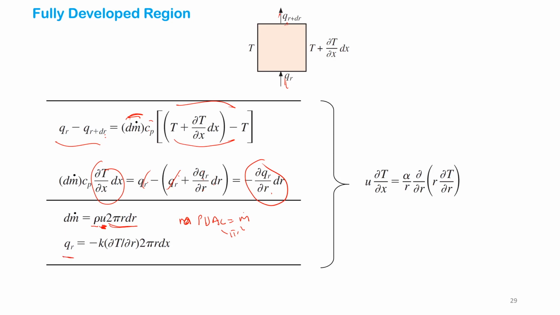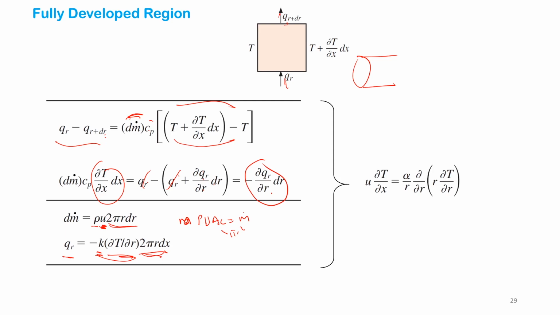And the heat transfer rate in the radial direction, we use Fourier's law, k times dT/dr multiplied by the surface area, 2 pi r dx. So this is again a cylindrical shell, so 2 pi r dx gives us the inner surface area. The flux multiplied by the surface area gives us the total heat transfer rate.